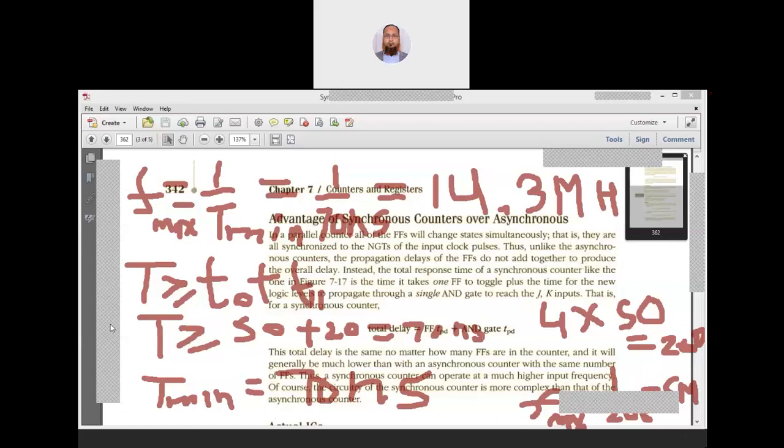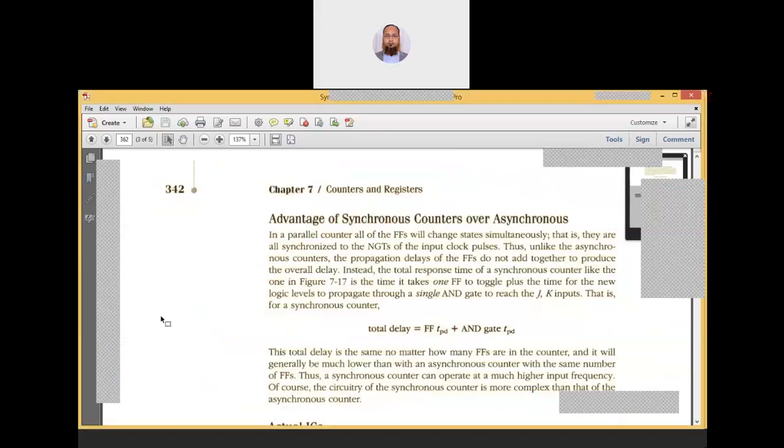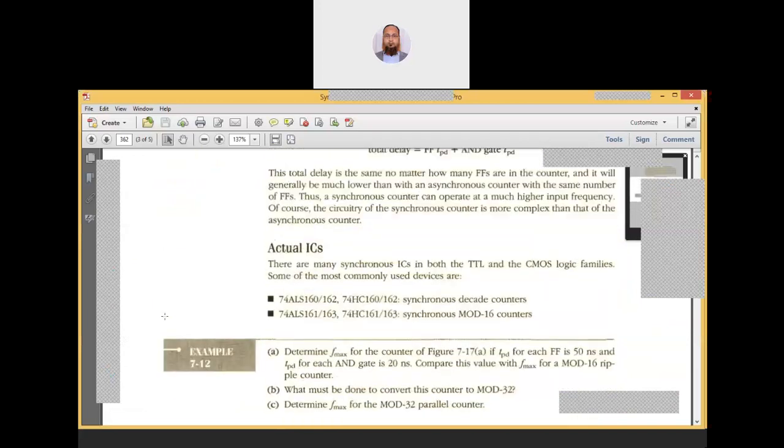I think this calculation is clear to everyone, and I have got the second answer also. One of the friends has got the second answer. What was the second question? What must be done to convert this counter to mod 32?